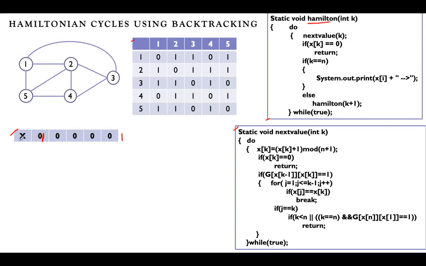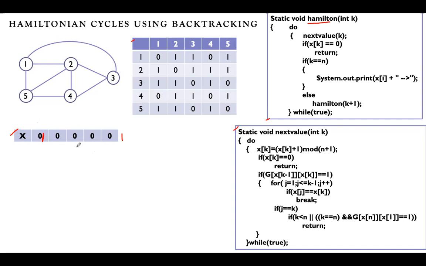So this X is an array with 5 values. The first value will be 1. Our task is to find the combinations of the rest of the values here. So it will be almost (n-1) factorial possible combinations.